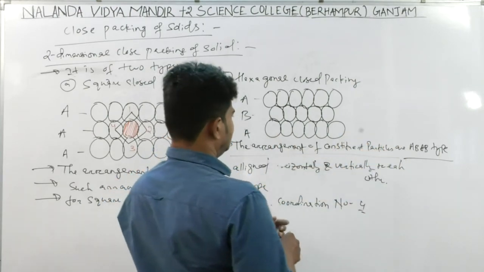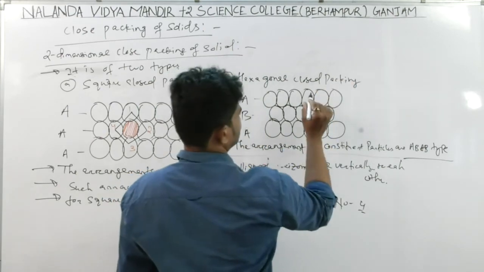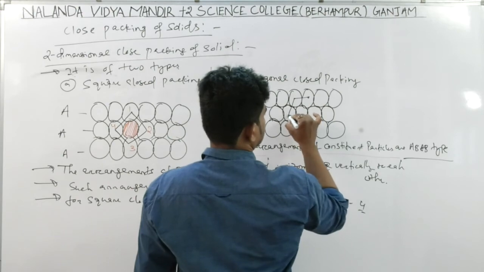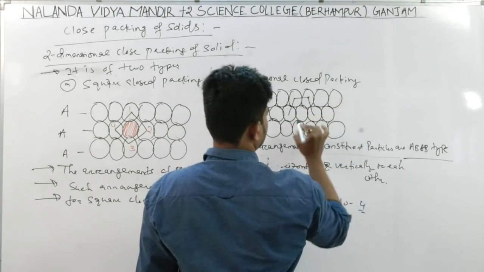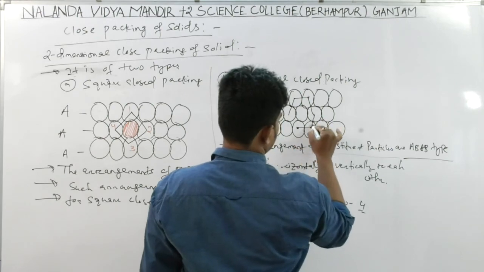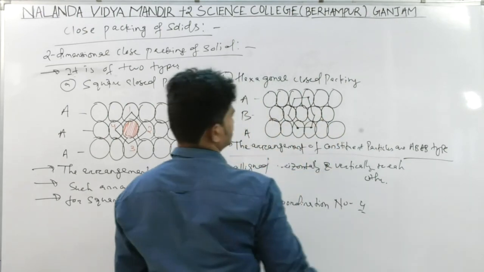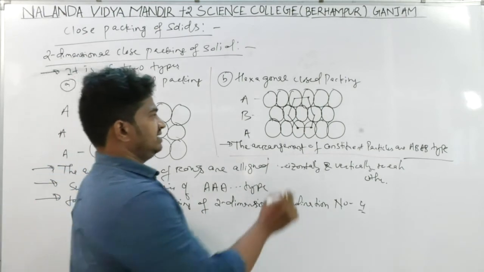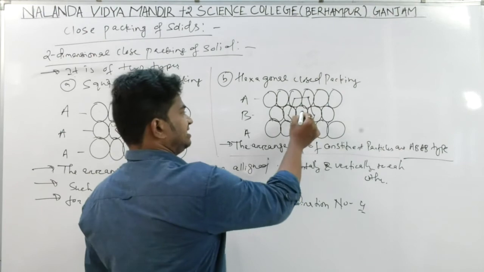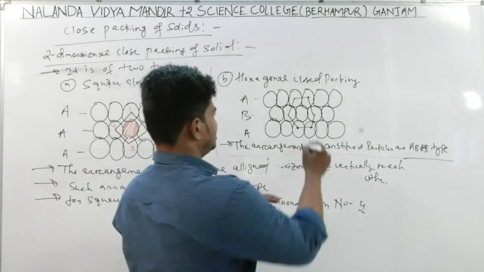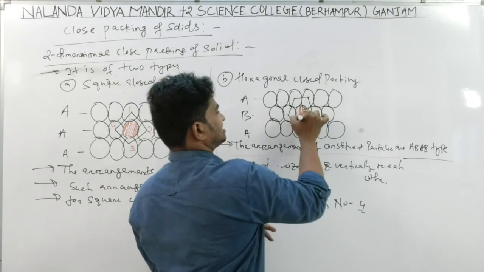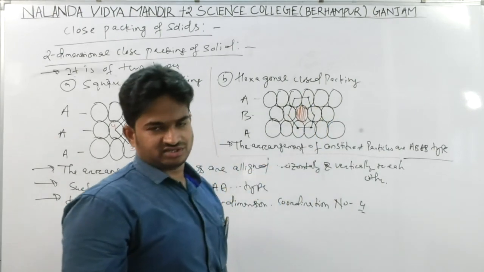And here, if we join the center positions of these, then it will look like this. So a hexagonal shape forms. Here in hexagonal closed packing of two dimensions, each atom, here this one is the central atom, touches 6 other neighbor atoms.